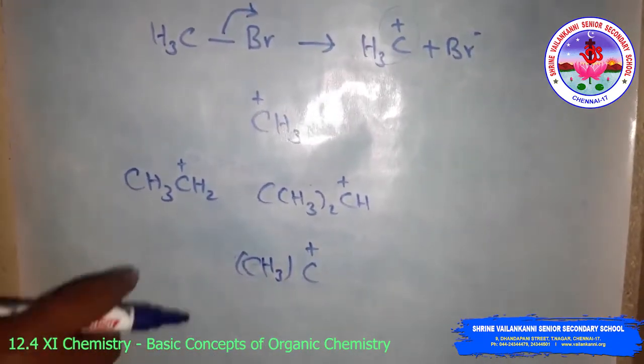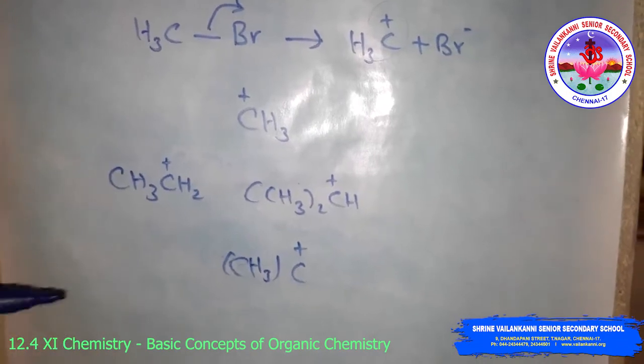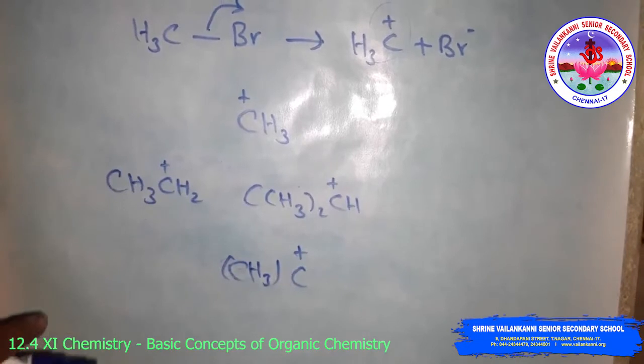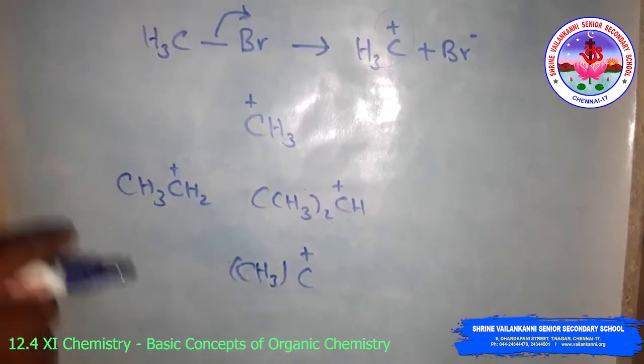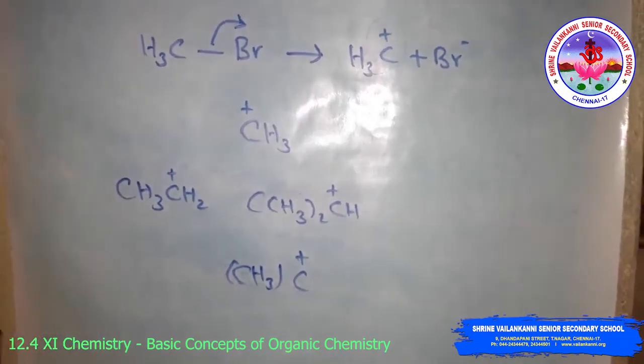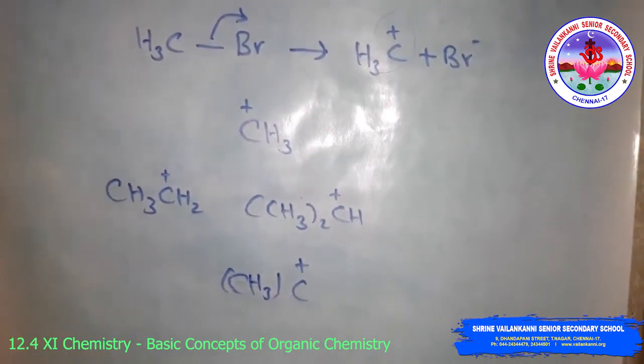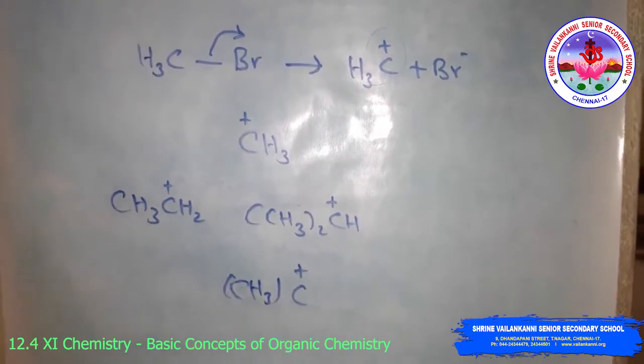Carbocations are highly unstable and reactive species. When an alkyl group is directly attached to the positively charged carbon atom, the carbocation is stabilized due to the inductive and hyperconjugation effects, which we will see in the next section.